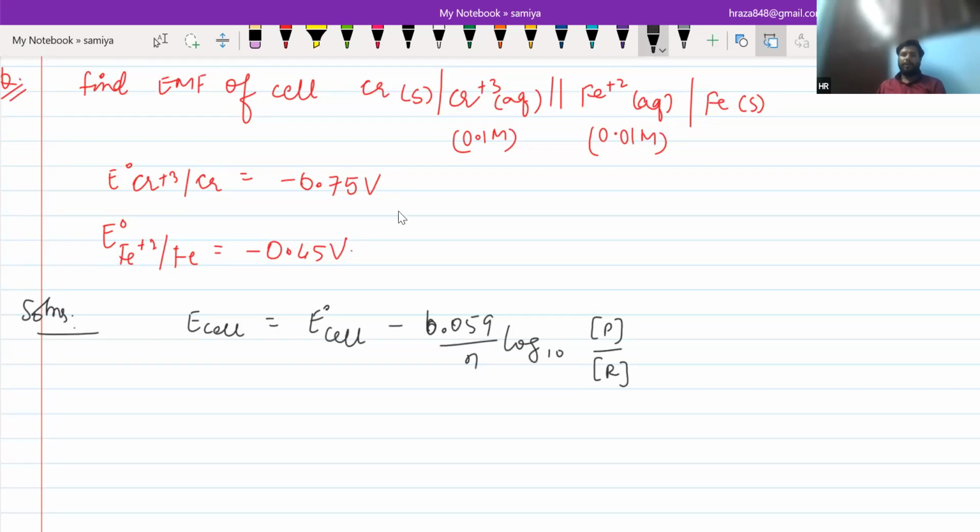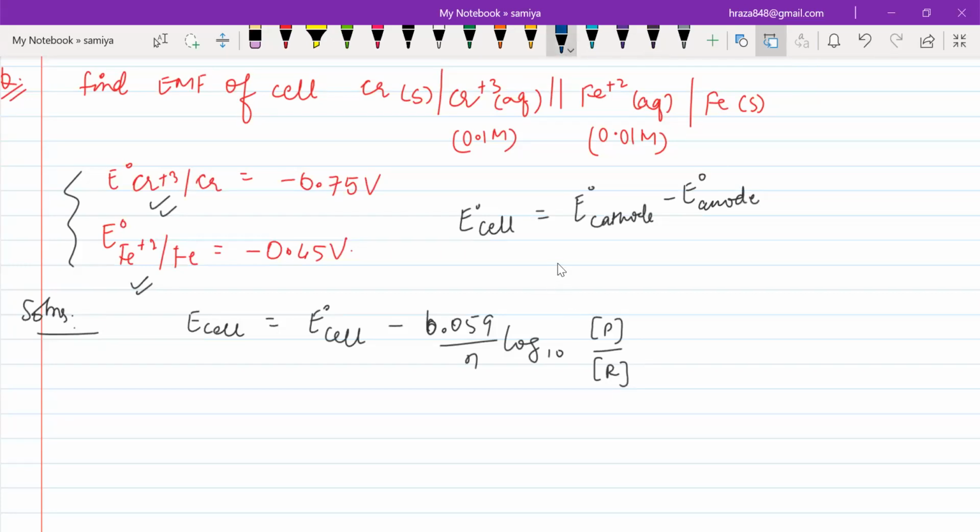Now, if E naught of the different processes is given, you can easily calculate E naught cell. What is E naught cell? In the previous class, we have calculated it already. E naught cell is equal to E naught cathode minus E naught anode. Yes or no? Can't we calculate this E naught cell? Yes, sir. Now tell me the value.